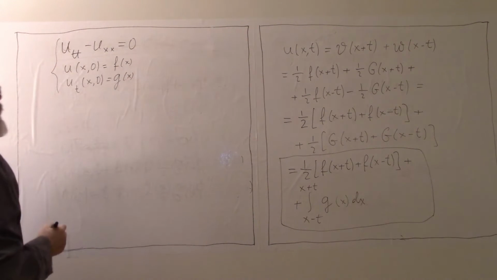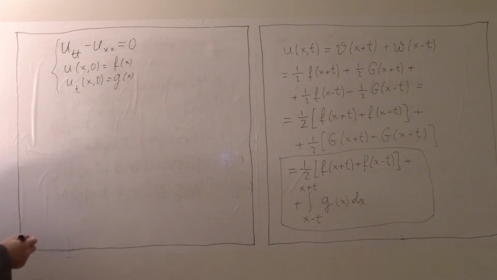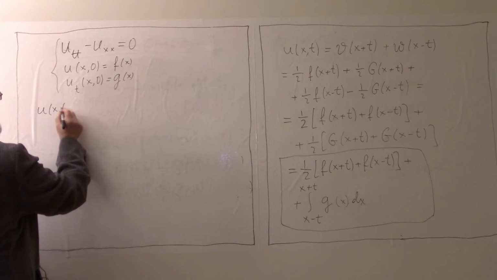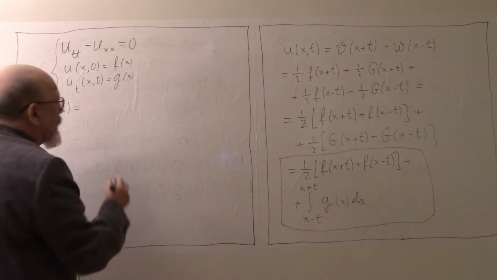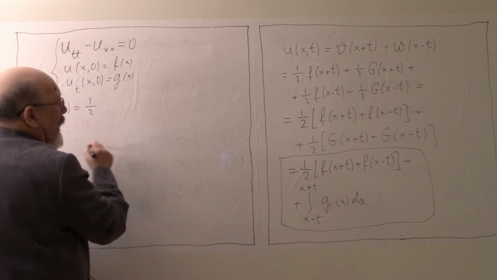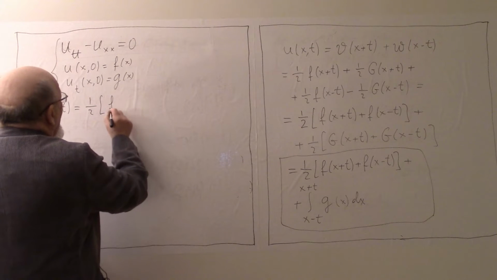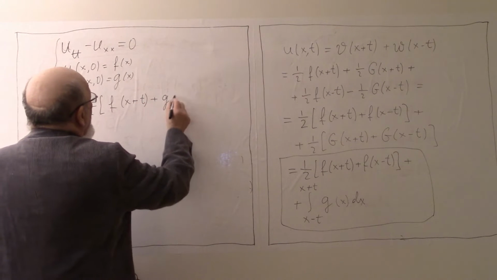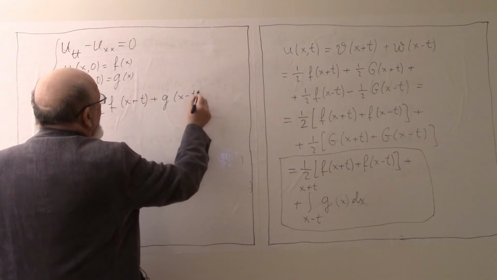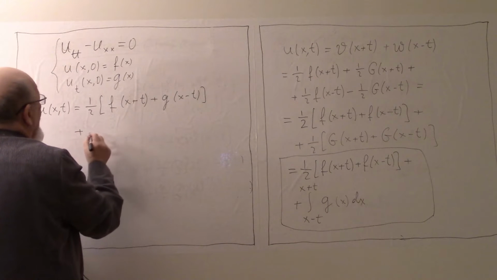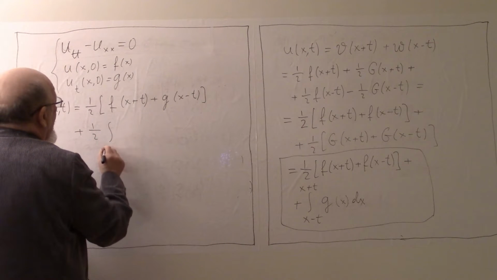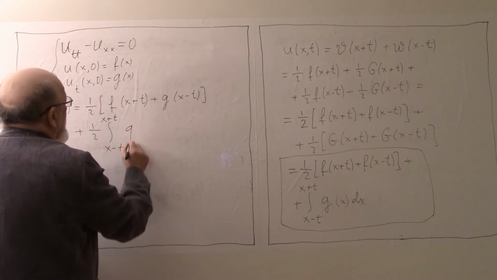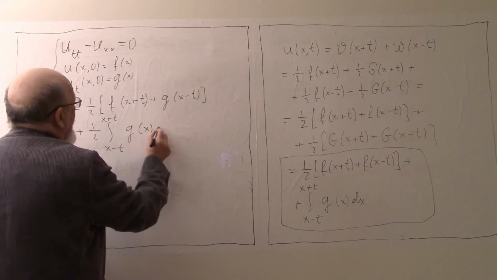So this is our initial value problem, and its solution is the following: u of x, t equals 1/2 f of x plus t plus f of x minus t, plus 1/2 integral from x minus t to x plus t of g of x dx.